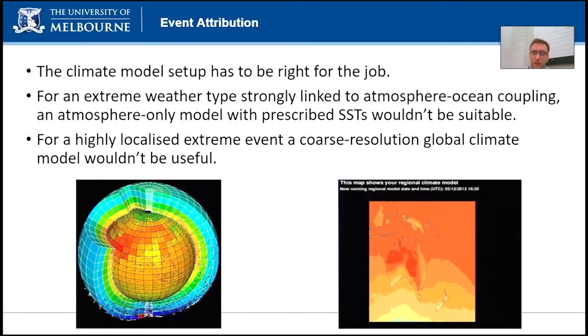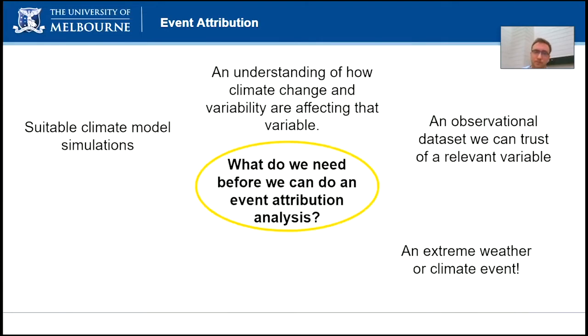So the picture in the bottom right is actually taken from running the weather@home model, which is an atmosphere-only model setup, which is a finer resolution than a coupled or climate model, but also has its limitations as well. So this is a very important consideration when designing an event attribution study.